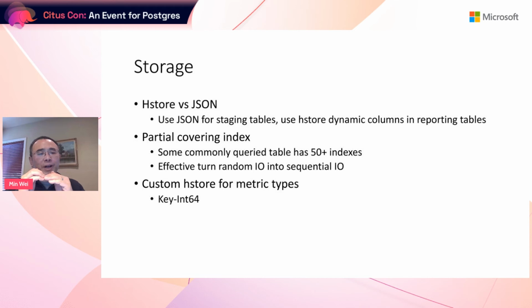Especially on a cloud machine, what it really does is turn random I/O into sequential I/O. This is important in a public cloud environment because I/O per second, or IOPS, is very expensive to buy in a cloud setting. So I think the partial covering index should be used properly.